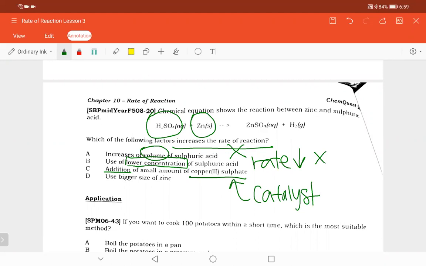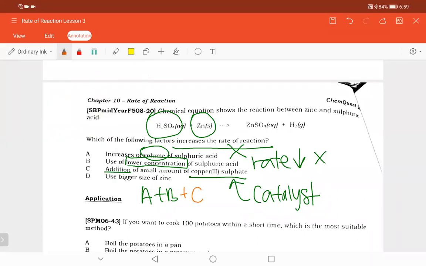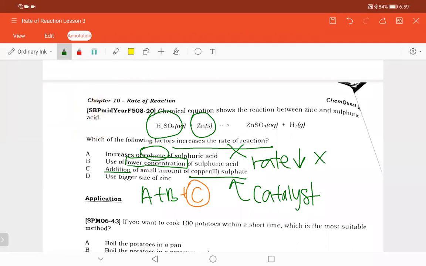You just need to know, for example, initially the reaction has 2 fillers, A and B. All of a sudden, they add one more filler, C. This extra filler that they add in is a catalyst. So adding a catalyst can speed up the reaction. If you're not sure the answer is C, look at D, use a bigger size of zinc. Bigger size, reaction slower. The best answer is C.